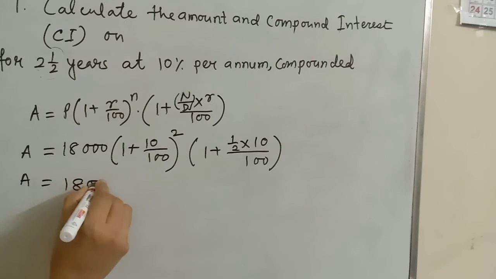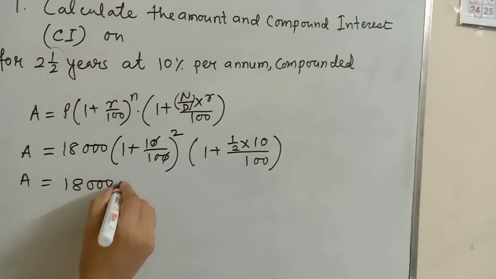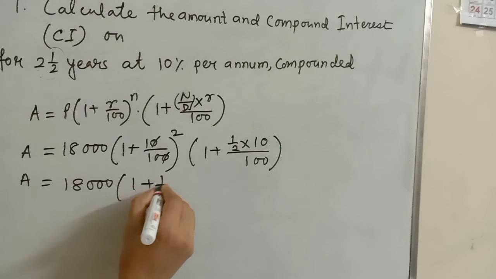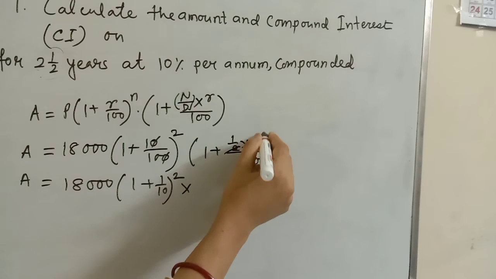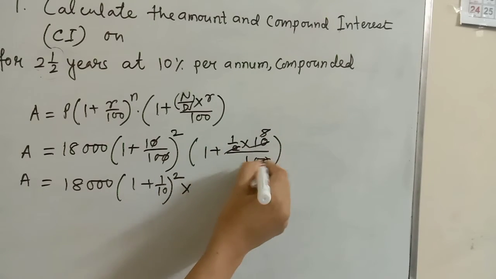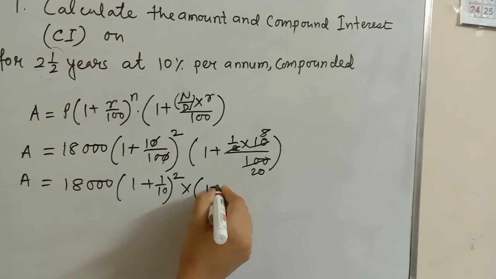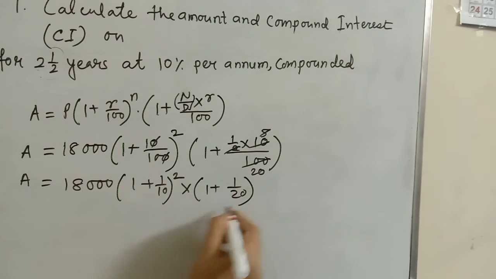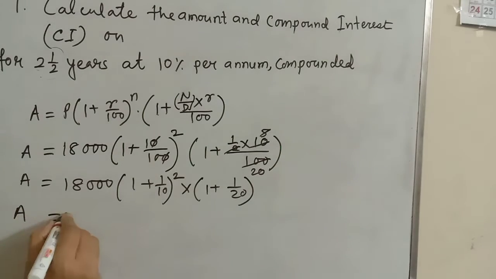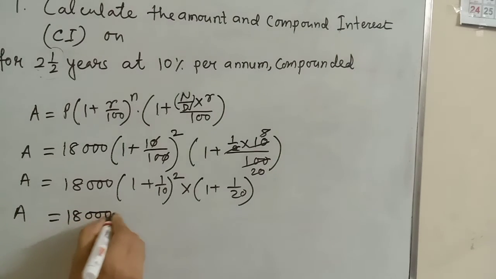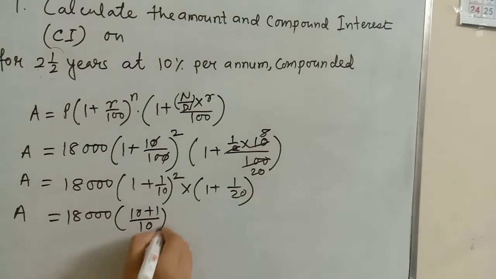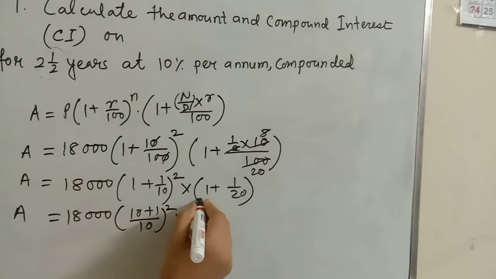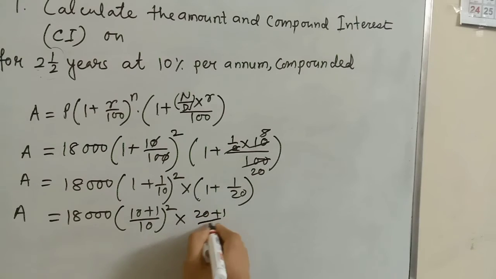See, 18,000, cancel it, it will be 1 plus 1 by 10 whole to the power 2 into, cancel it, it will be 5 by 100, 1 plus 1 by 20. Amount is equal to 18,000 into, if you do this fractional addition, it will be 10 plus 1 by 10 squared into 20 plus 1 by 20.